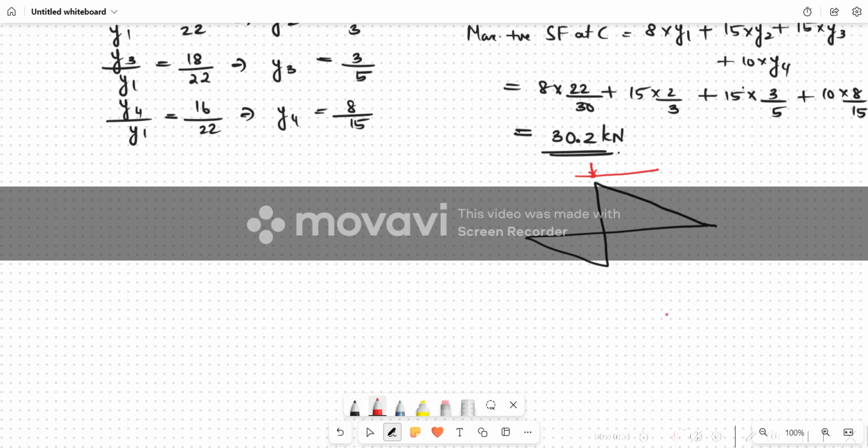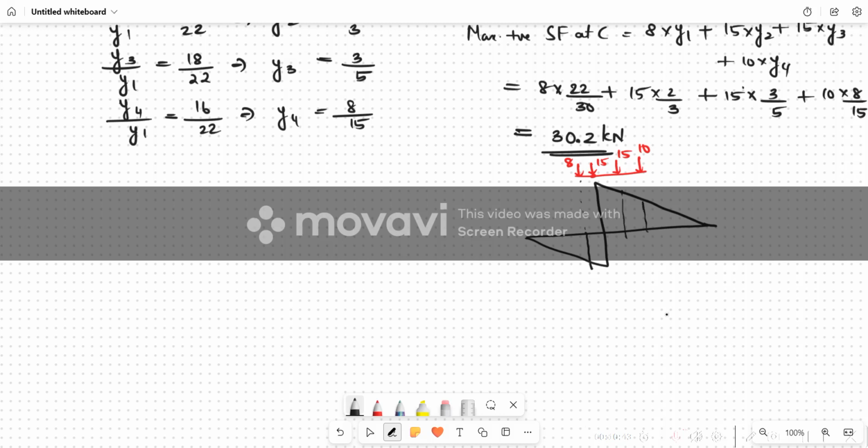Okay, the third 15 kilonewton is at C, 8 is to the left of C, then you have 15 and 10. Okay, let us check what the value is. Maybe this one might give some more value.